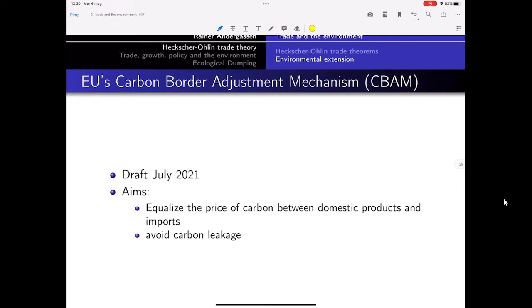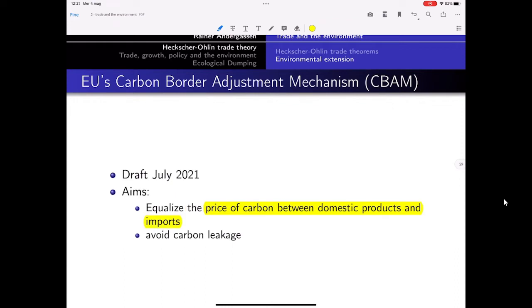This is the draft from July 2021, so quite recent. First, I'm going to explain what the EU would like to do in the upcoming years, dealing again with the problem of carbon leakage, because this is a policy aimed at equalizing the price of carbon between domestic products and imports.